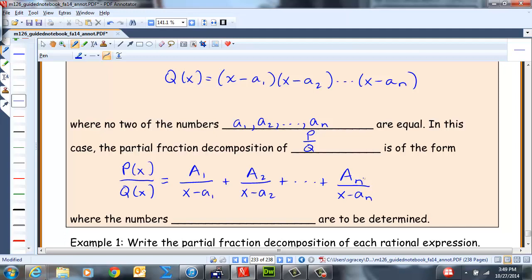Some people just use A and B. It depends on what you like. And what we're trying to figure out are the A1, A2, all the way down to An.